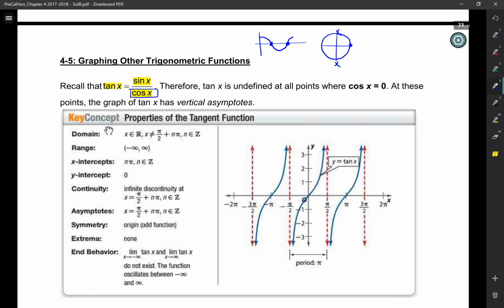That means at those points tangent of x is undefined, and at all those points it has vertical asymptotes. So again, those points are x equals pi over 2, x equals 3 pi over 2, and so on and so forth.